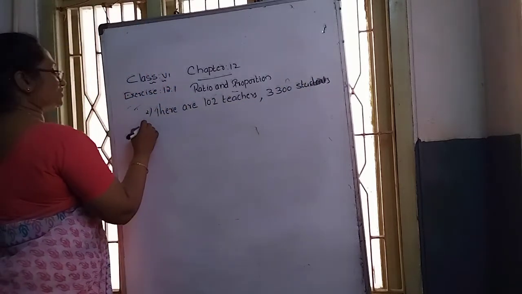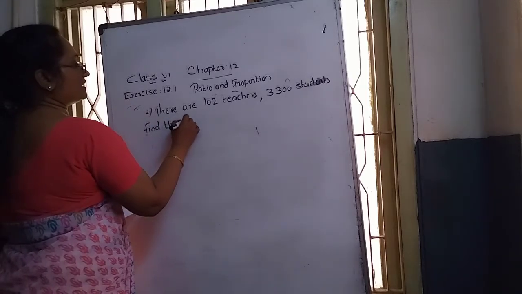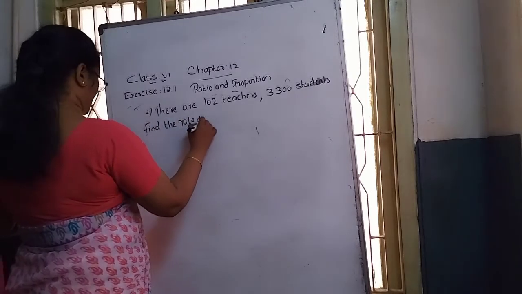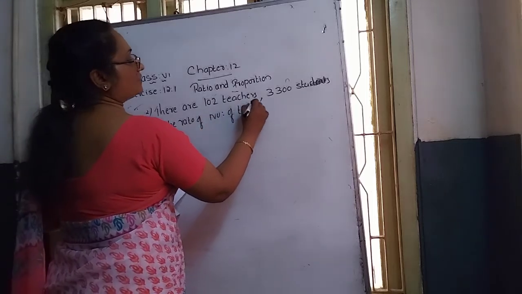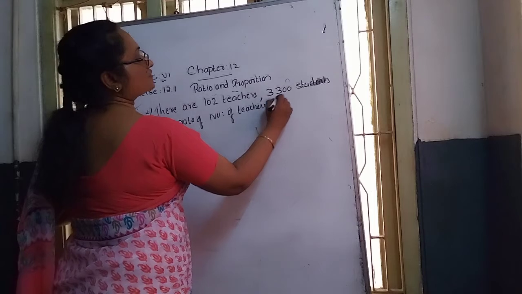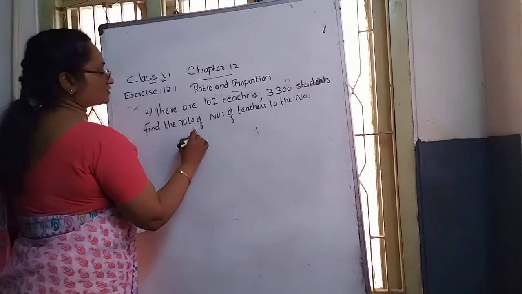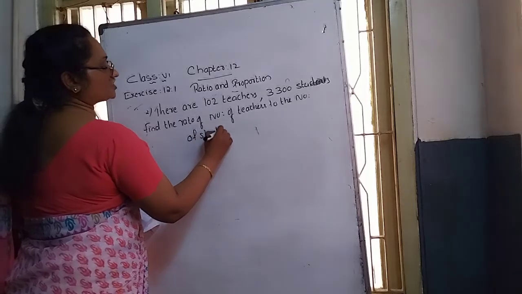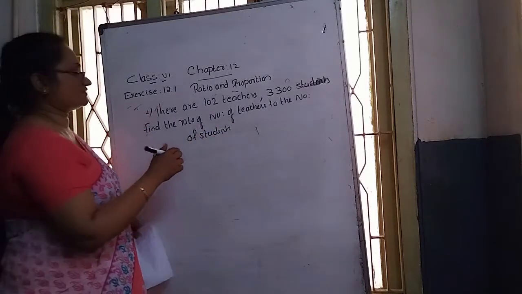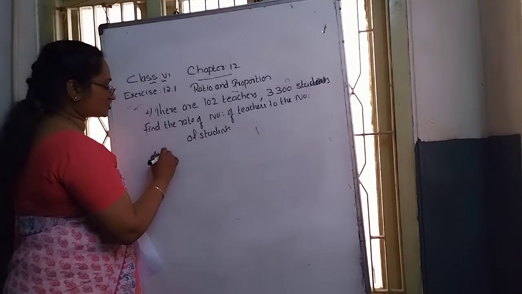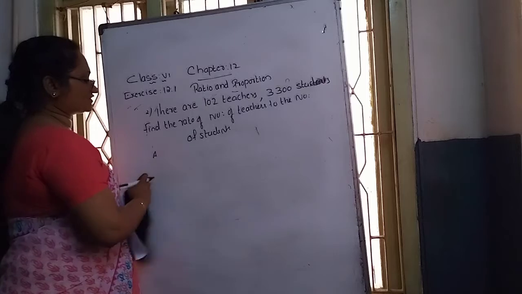Find the ratio of the number of teachers to the number of students. They mentioned teachers first, so we write the number of teachers first.